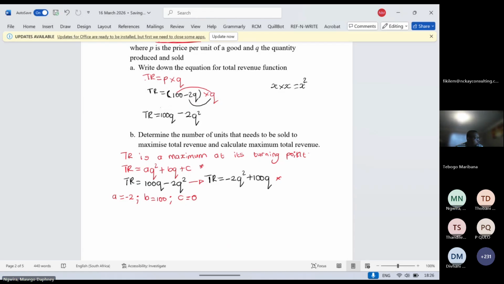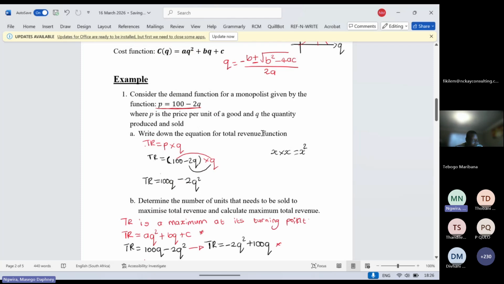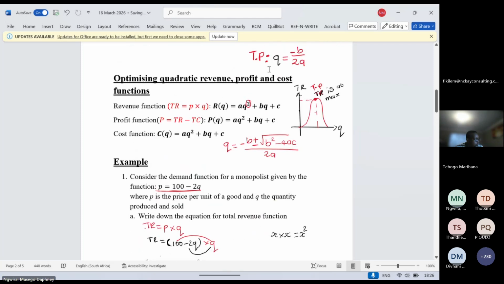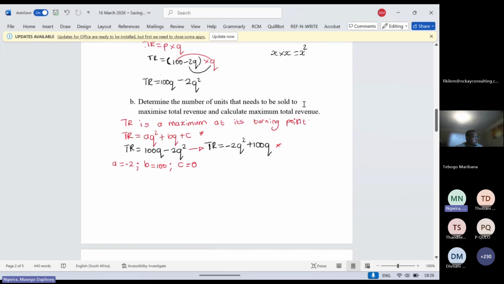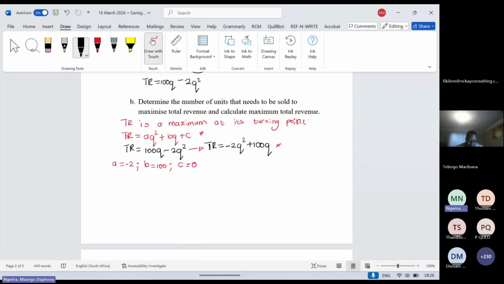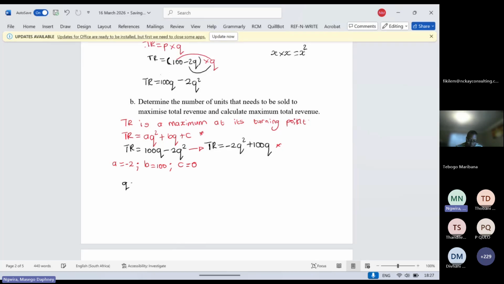Now we can calculate, because we have to look for the Q at its maximum. So we have to use that formula that I showed you. This is where you find the Q at its maximum. So Q at its maximum is equals to negative B over 2A. Now we replace.